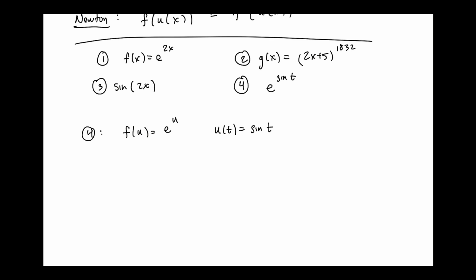Okay, and so if we then write this out Leibniz style, what's df dt is df du, what's the derivative of e to the u? E to the u itself. What's the derivative of sine t? Okay. And then, what was u? Sine t, so I'm just going to replace it. Okay? All right, so does that kind of make sense?